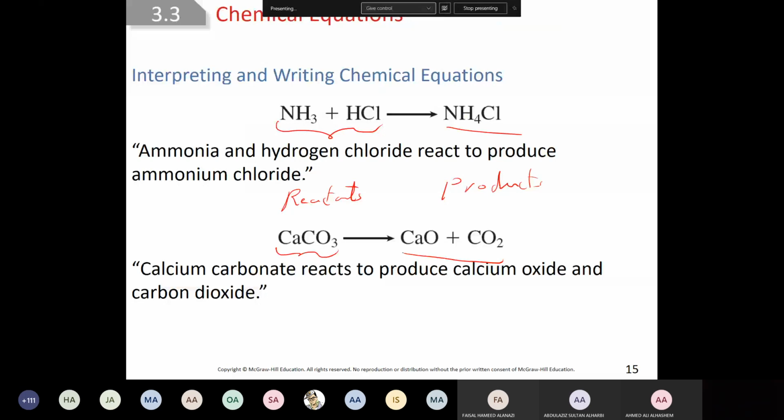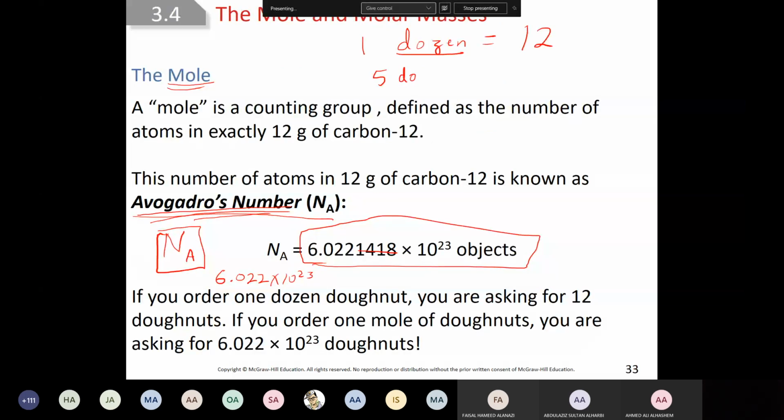A dozen means 12. So if I have 5 dozen eggs, how many eggs do I have in total? 60 eggs.